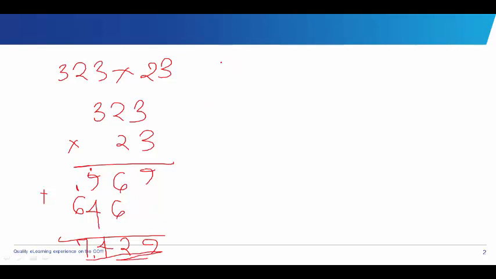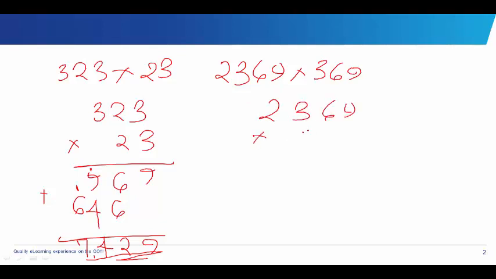Let's try the final example. We'll use 4-digit numbers. 2,369 times 369. Now I'll put it this way: 2,369 times 369. So 9 times 9 is 81. 1 will carry the 8. 6 times 9 is 54.